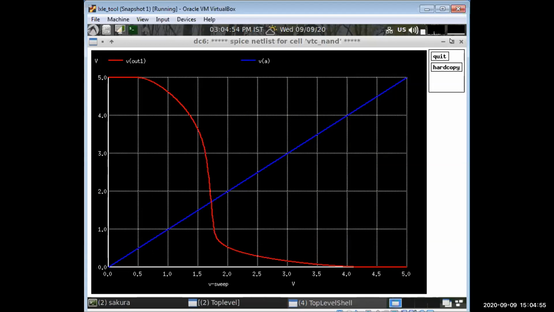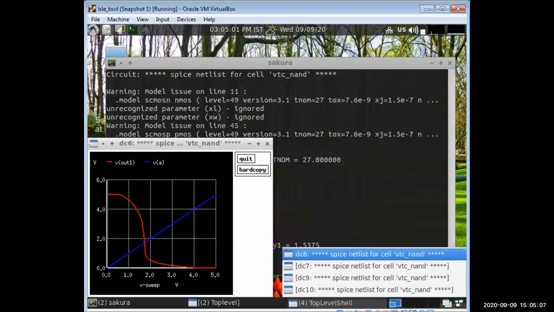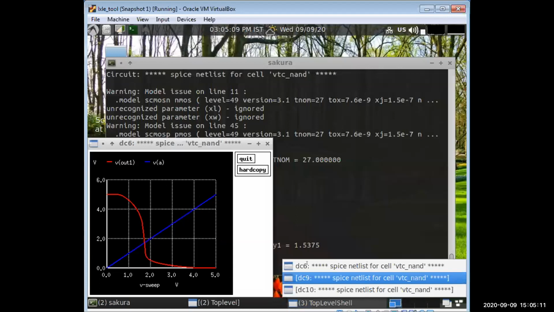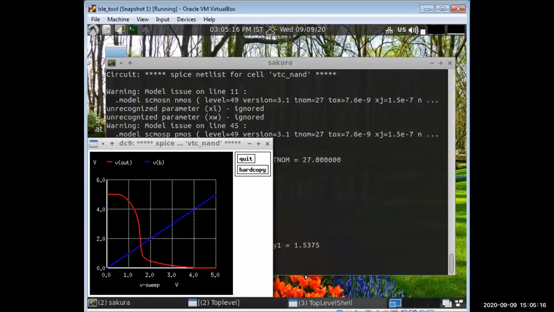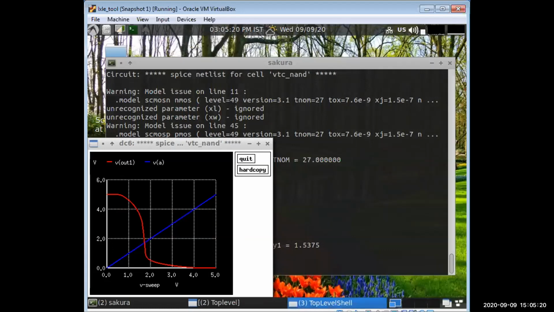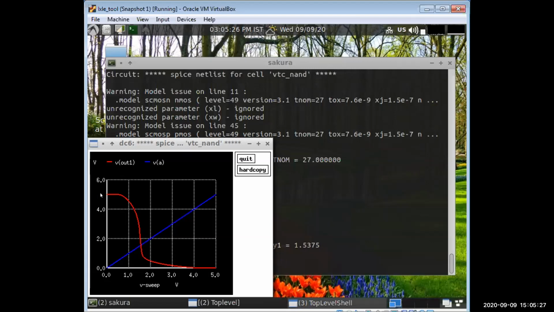This is the output where I am sweeping A and keeping B constant. And this is another plot, DC7, which is also for A. This is DC6, for A. Here you see DC and this is DC9. You can observe the change.